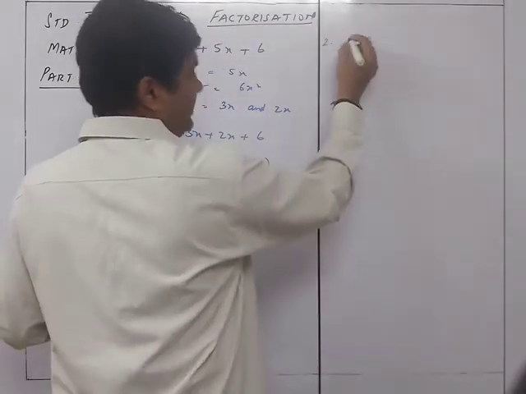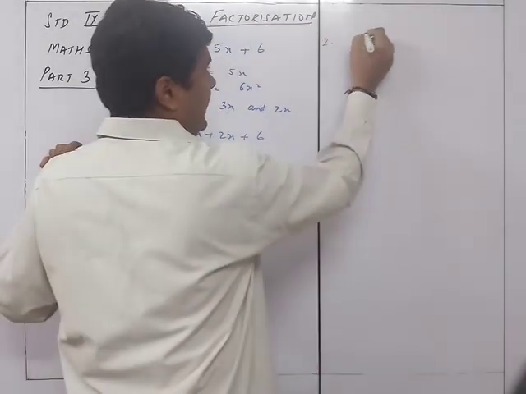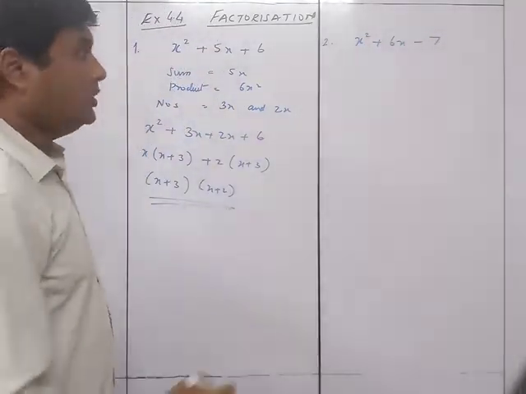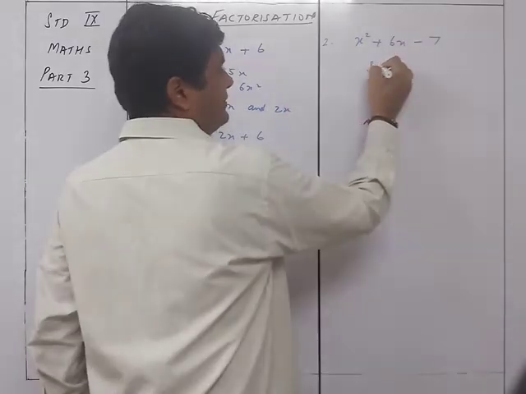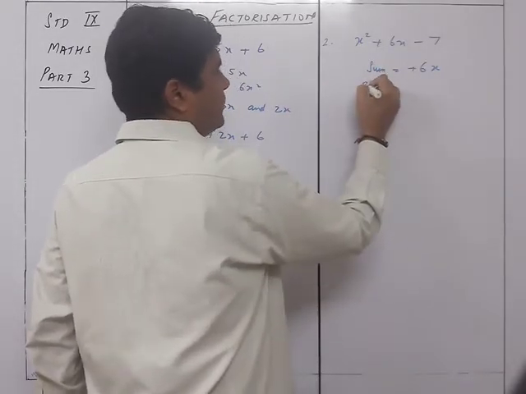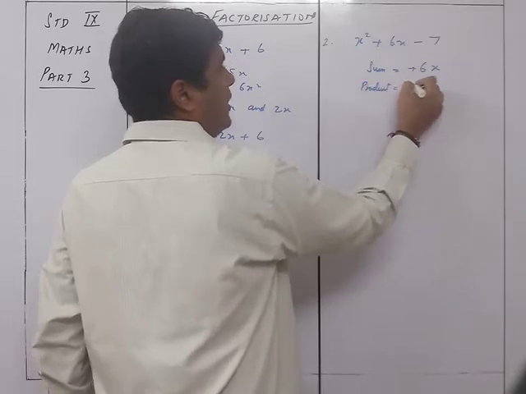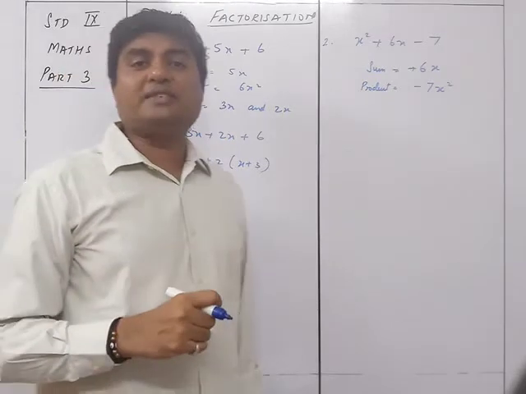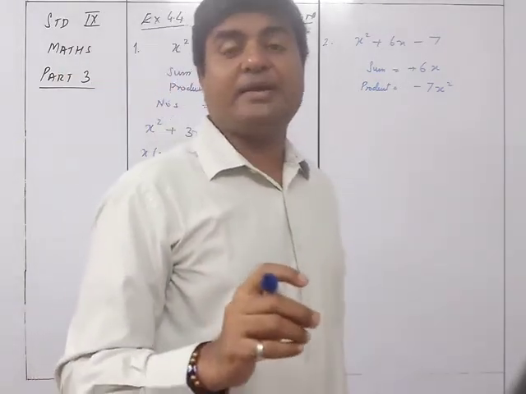The second sum is x square plus 6x minus 7. The sum required is positive 6x, whereas the product required is minus 7x square. So I need to split 6x into two parts such that the product is minus 7.